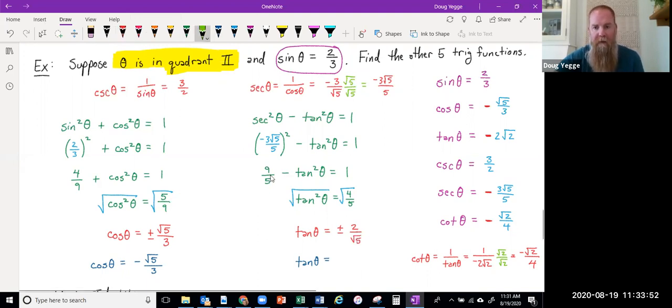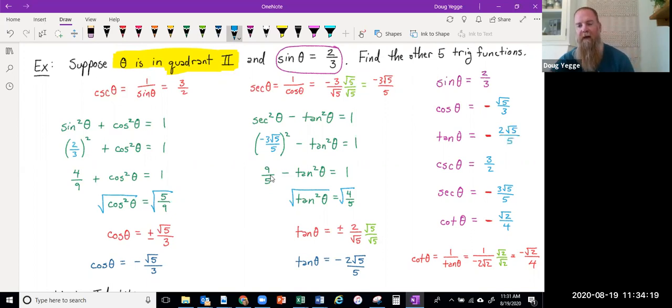So if I now multiply by root 5 over root 5, that means the tangent of theta is going to be the negative of 2 root 5 over 5. I'm sorry for that mistake. We all make mistakes and we learn from them. Failure is not a problem.